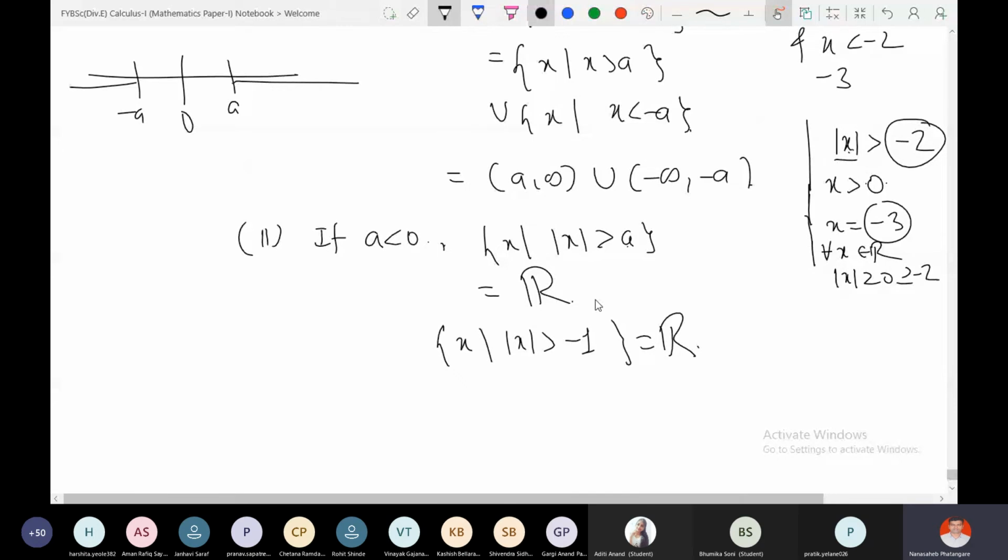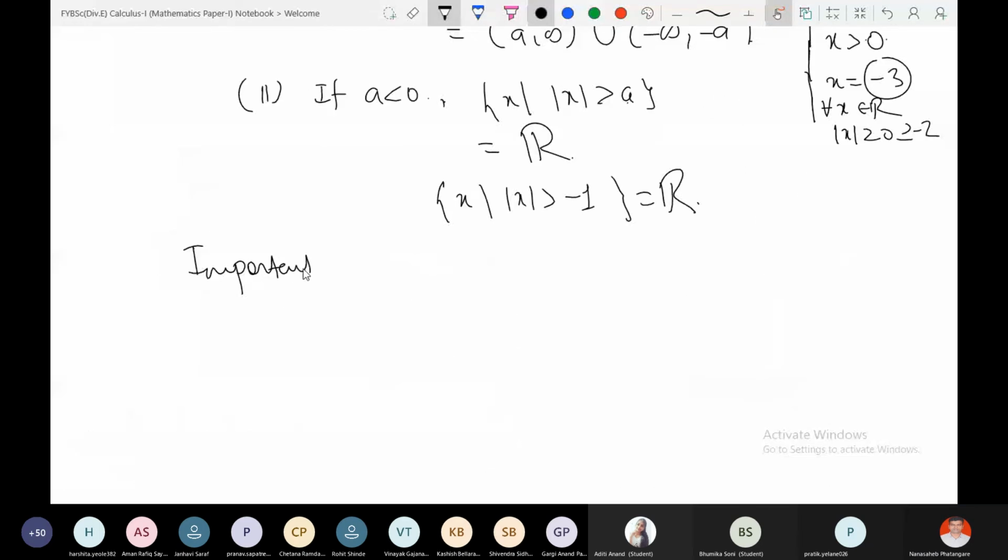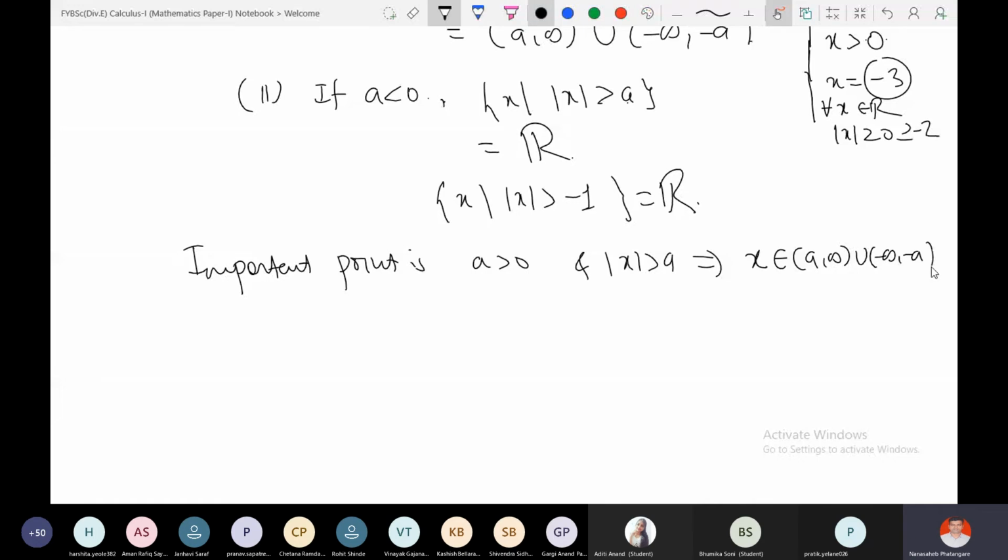So what is the point to worry? Point to worry is if a is positive, then what are the x? The important point is, if a is positive and absolute value of x is greater than a, then x belongs to a to infinity union minus infinity to minus a, that is x greater than a or x less than minus a.